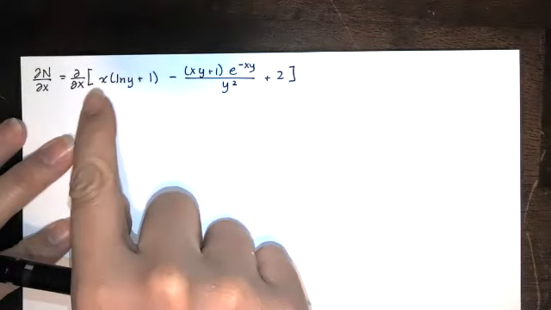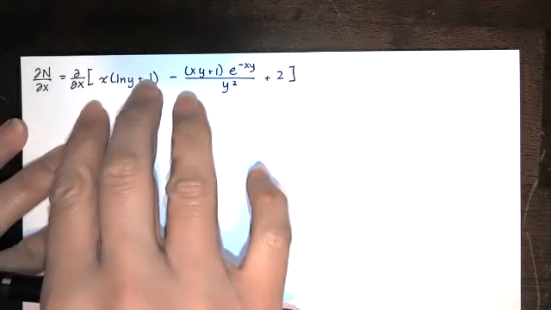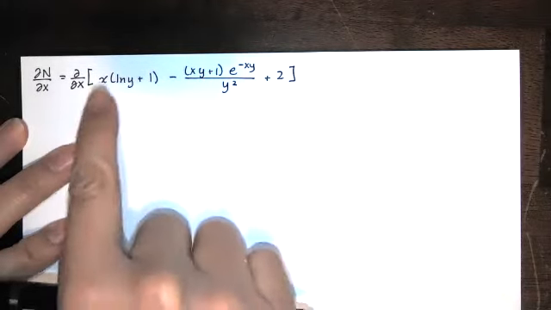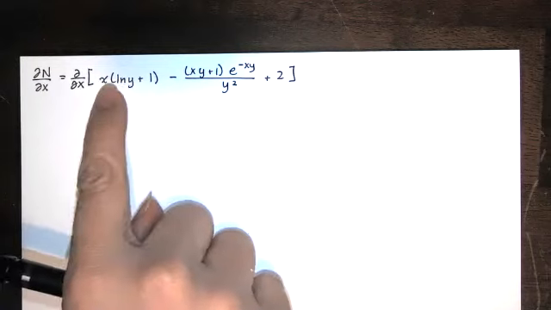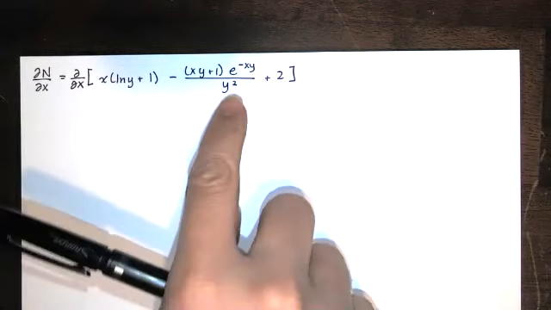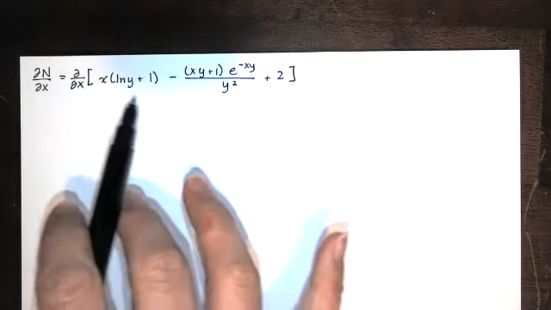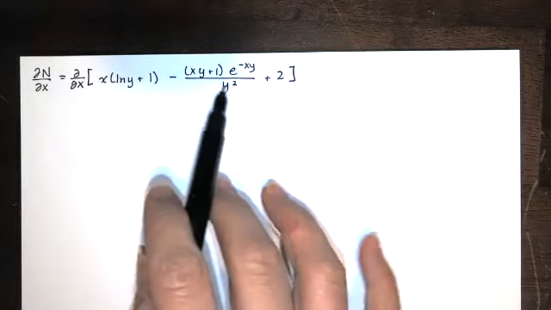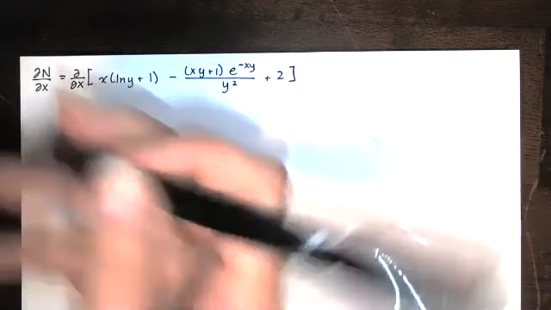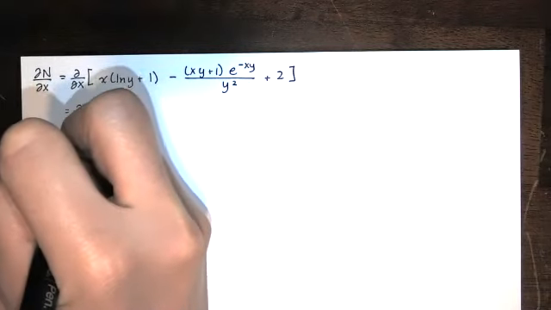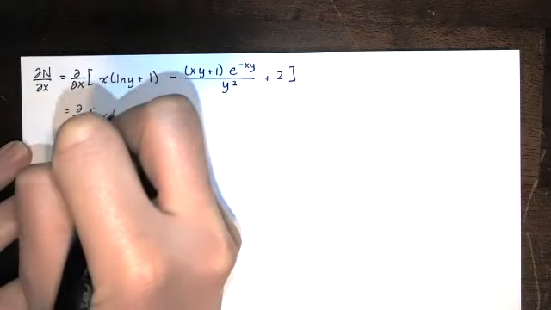Now, this piece is already in a great form to take a derivative with respect to x, because I've got a function of y times x there. Now this isn't. I've got a y squared in the denominator, and the derivative might be simpler to evaluate if I actually split this up a little bit. So I think I'm going to do a little bit of algebra before I take the derivative this time.